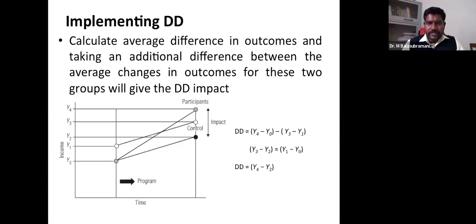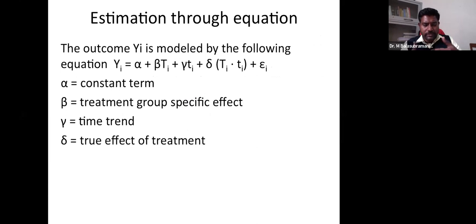So now, of course, we have done this graphically. Now come to the estimation by making a regression equation, how we can model the outcomes. I have given that Yi, our outcome, is equal to alpha plus beta Ti plus gamma t plus delta into t into Ti plus epsilon i, the error term.